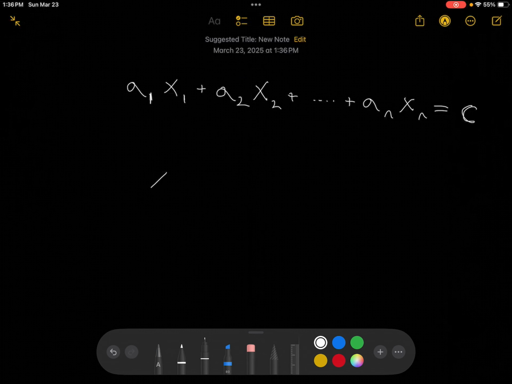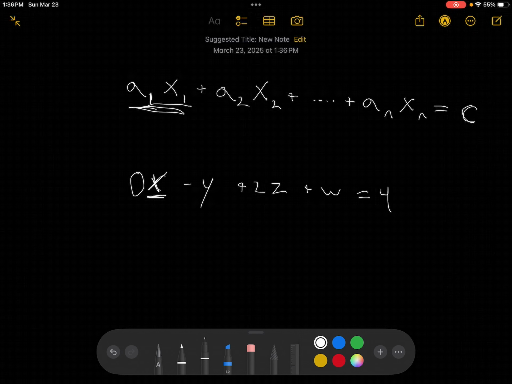So let's see an example of a linear equation. In this case, we see that we have 1 times x, which matches this format.